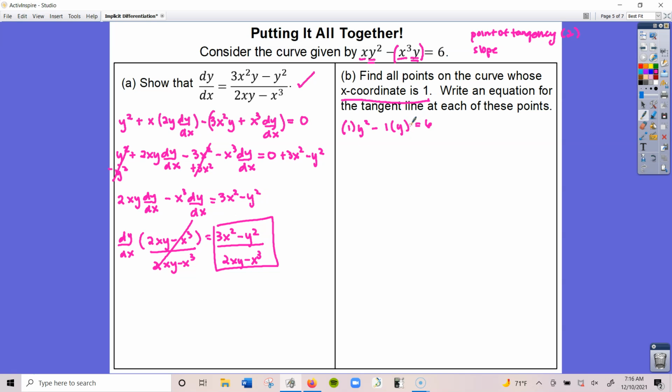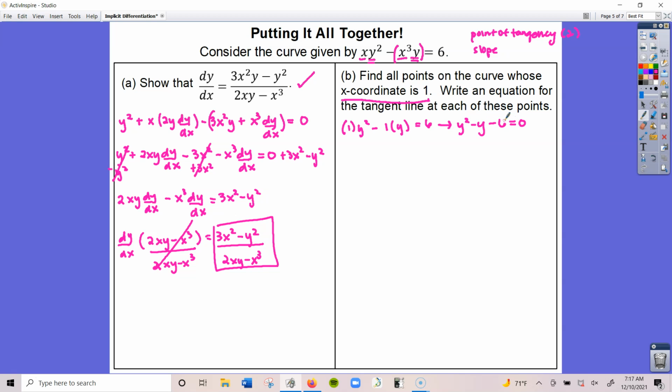What you're going to end up with is essentially a quadratic equation. This is y squared minus y is equal to 6, and we want to make it equal to 0. So I'm going to subtract the 6 over to the other side and make it equal 0. Whenever you have a quadratic, especially if you have your variable that's squared and another variable that's not, make it equal to 0 so that you can factor.